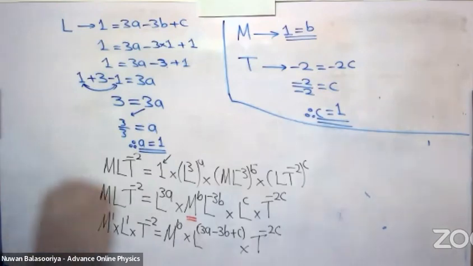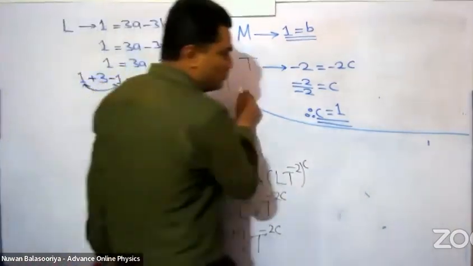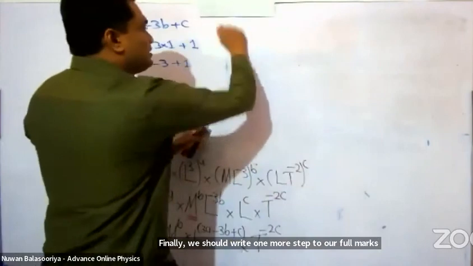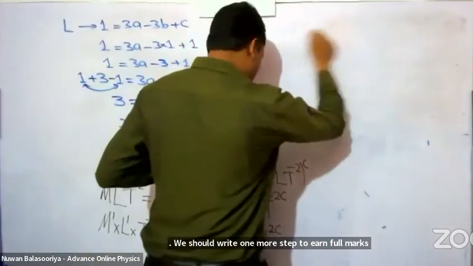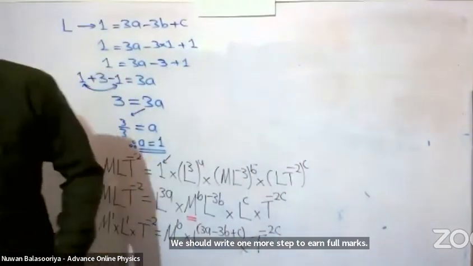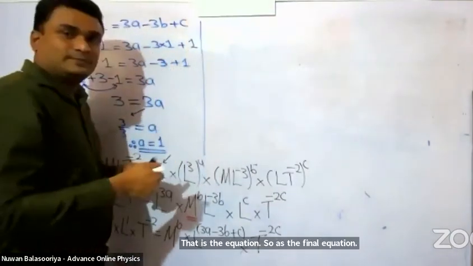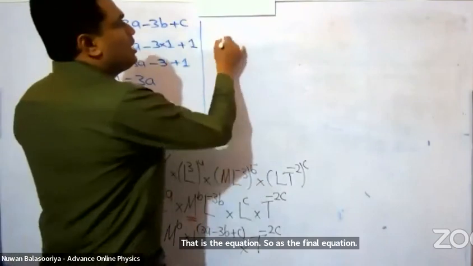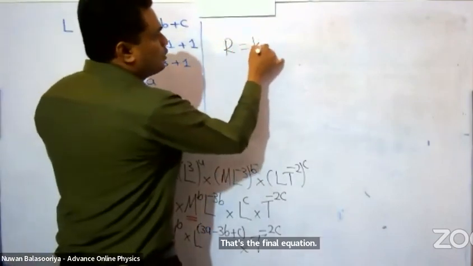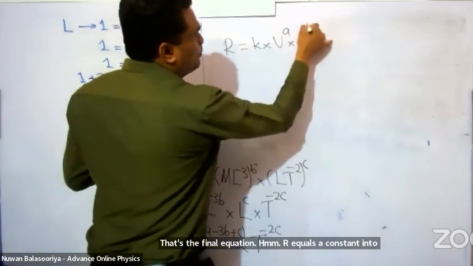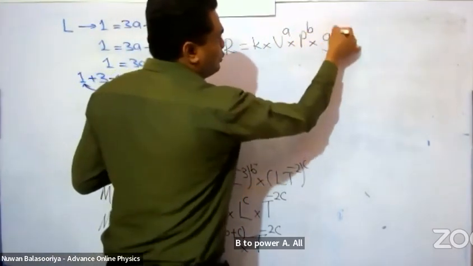Right. Finally, we should write one more step to earn full marks. That is the equation. So what is the final equation there? R equals a constant into v to power a, rho to power b, and g to power c.